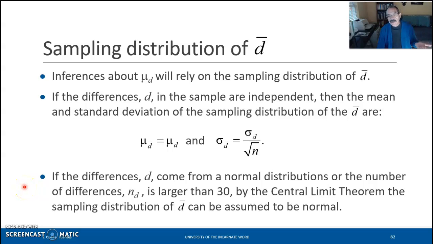Now, if these differences come from a normal distribution, or the number of differences is larger than 30, then by the central limit theorem, you can claim that the sampling distribution of D bar is normal. If you notice, I'm repeating what we did in Module 8. It's pretty much the same thing.